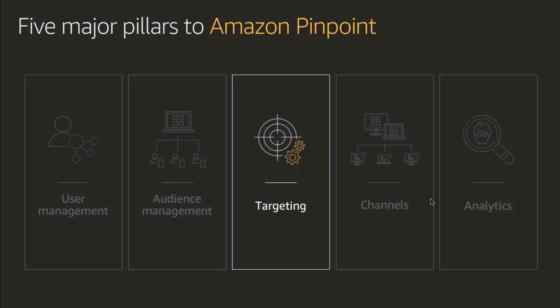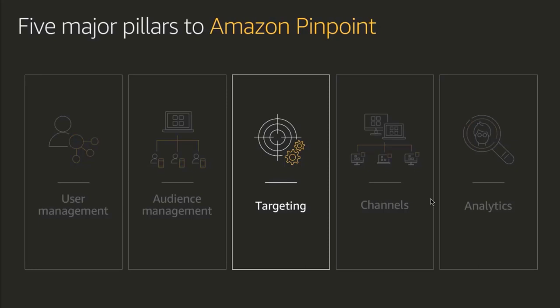The third pillar is, as you can imagine, now that you have these segments, now that you have this discrete audience you want to engage with, how do you use that within different campaigns and journeys. I say campaigns and journeys because those are two foundational pieces of Amazon Pinpoint. You can build campaigns, which are often a one-time call to action, so send a certain message at a certain time to a segment of users.